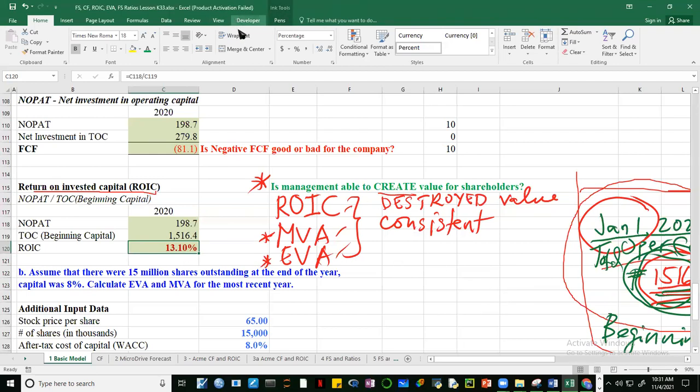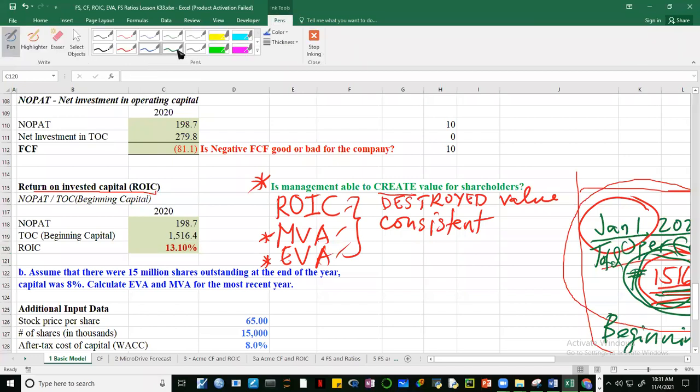Ang ibig sabihin niyan, guys, ROIC is 13.1%, or that's also equal to 0.13. I-denominator natin yung 1.